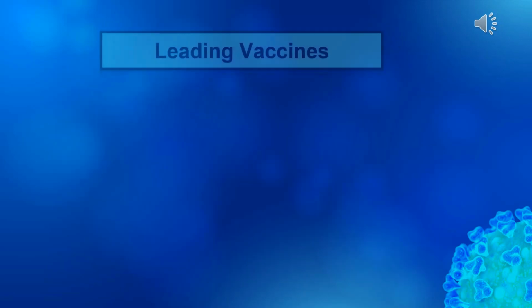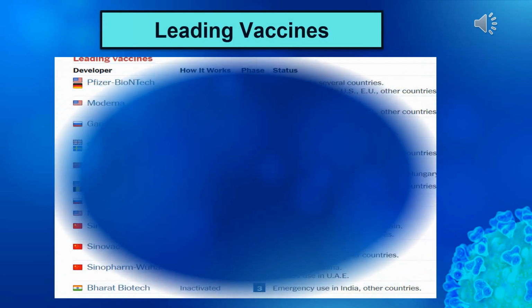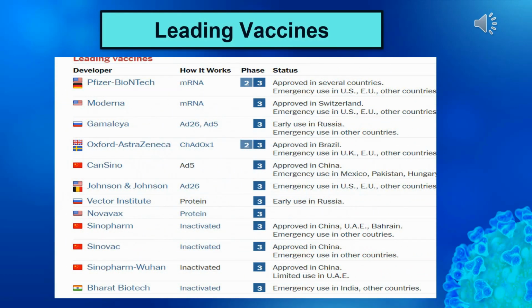Let us examine different vaccines, their developer, how they work, at which phase they are in trial and their status. Pfizer-BioNTech are mRNA vaccines. Vector Institute and Novavax are protein vaccines. Sinopharm, Sinovac, Sinopharm Wuhan, and Bharat Biotech are inactivated pathogen vaccines.